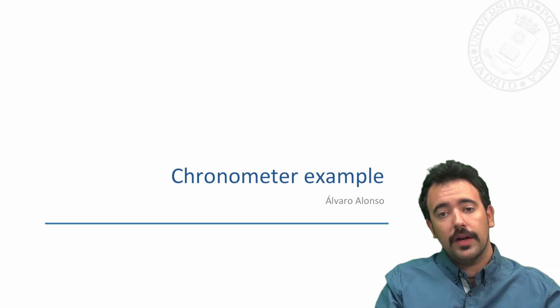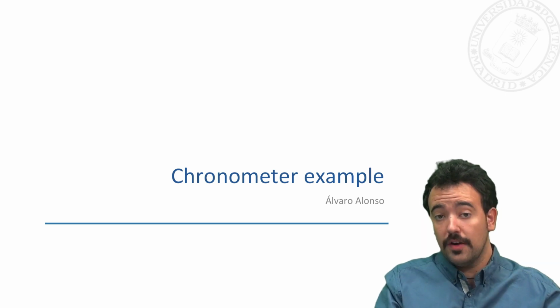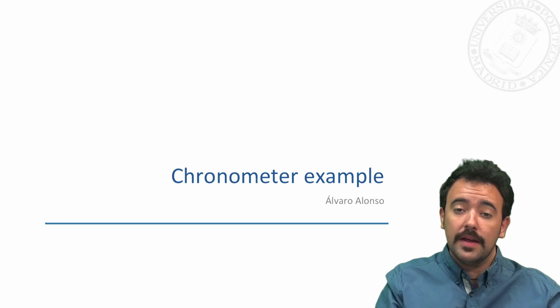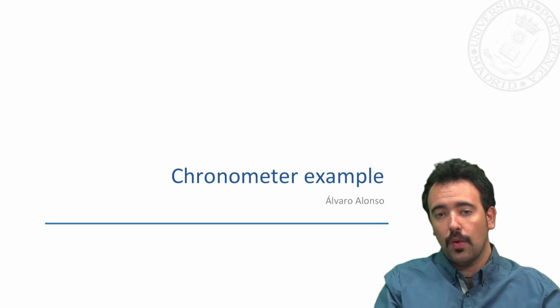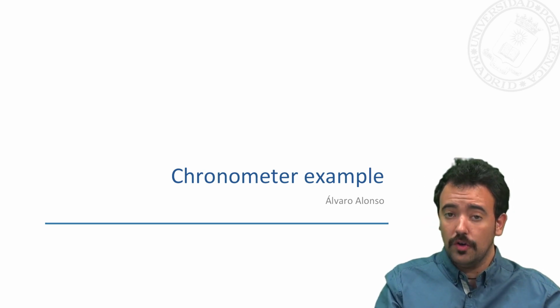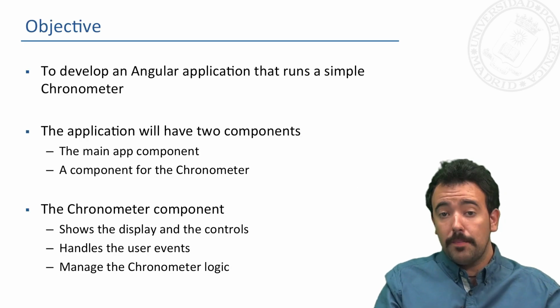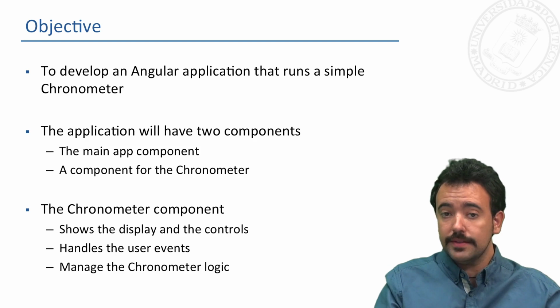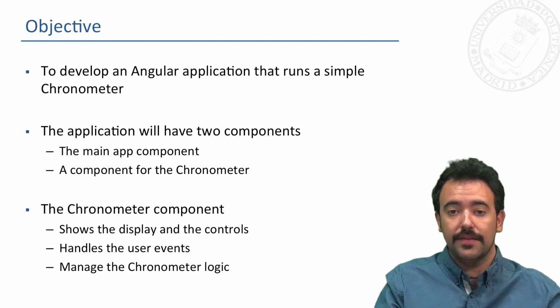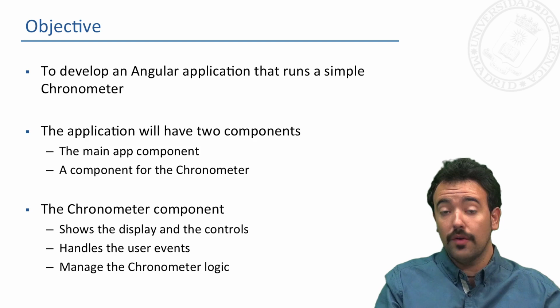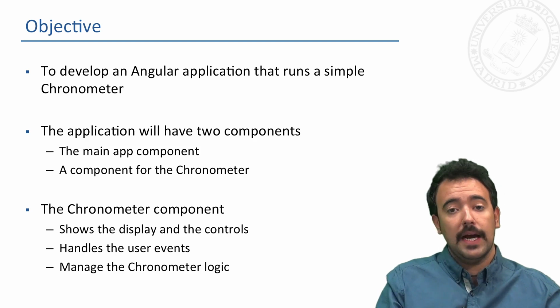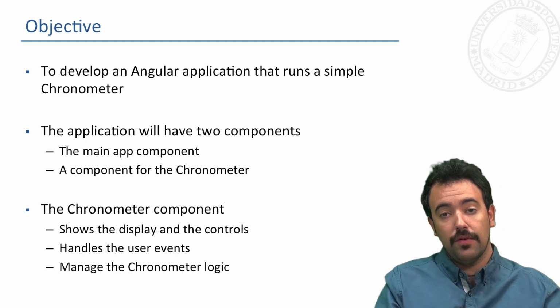In this video, we are going to start developing our first complex Angular application that consists of a chronometer. So, we will develop an application with two components. The first one is the default application component that Angular deploys for us.